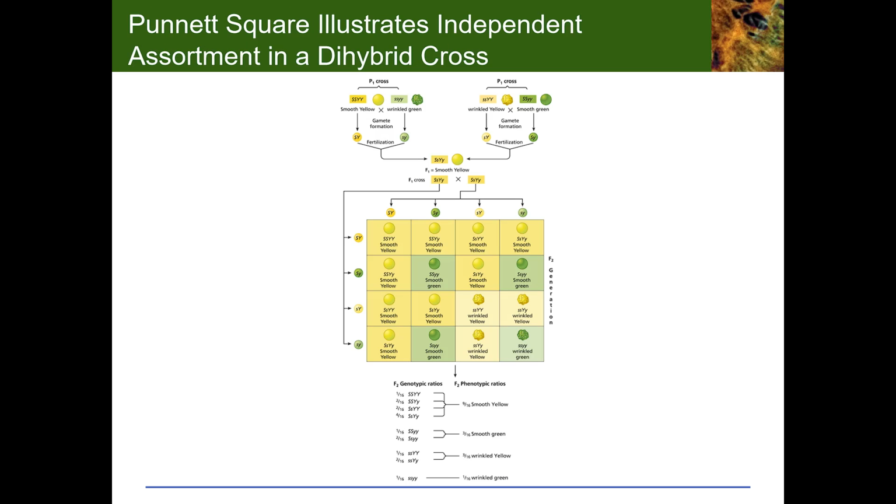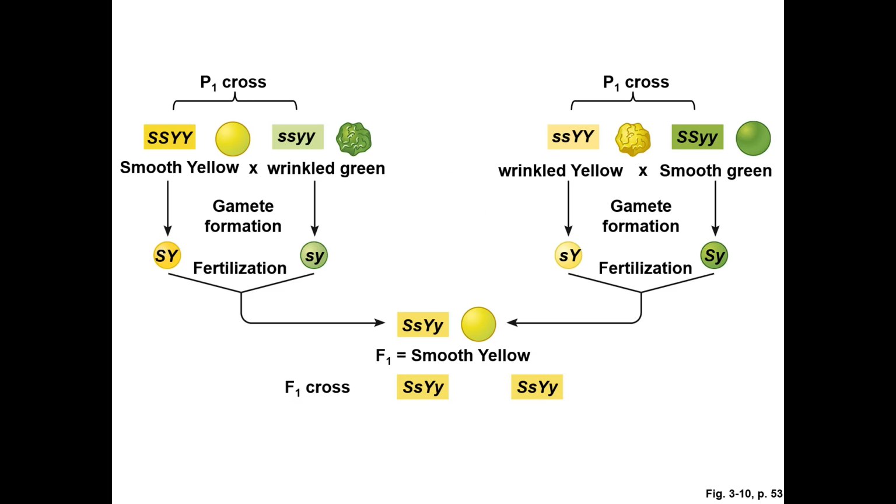So here's a very small picture of the Punnett square looking at a dihybrid cross, but let's take a better look at the picture. Let's take a look at this one first, and we'll go to the next slide. So it's kind of split up between two slides. But here we go, the parental cross. Let's say we have a smooth yellow and a wrinkled green on the left.